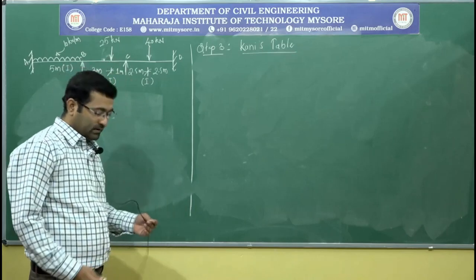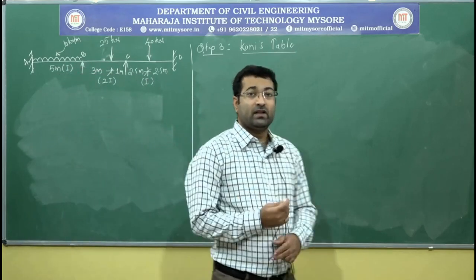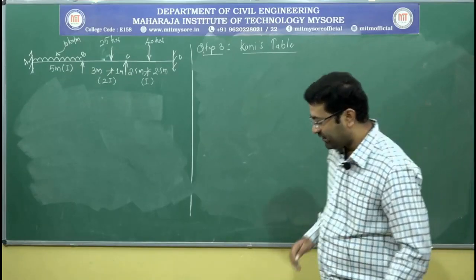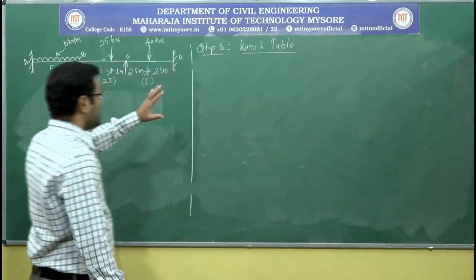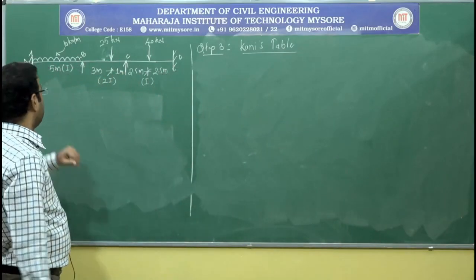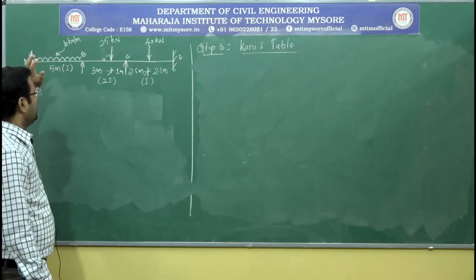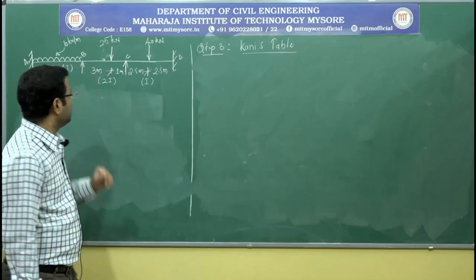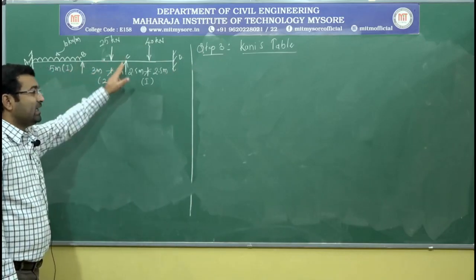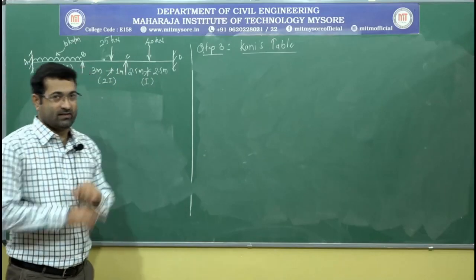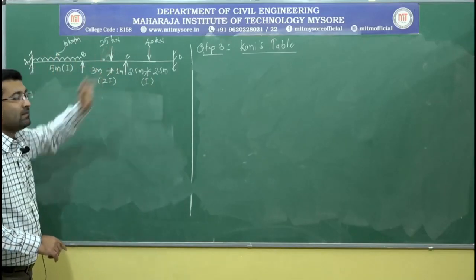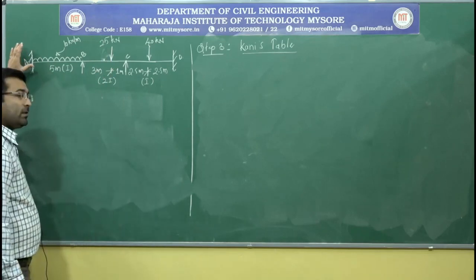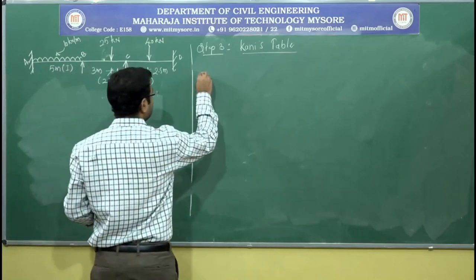In Kani's table, the representation of the table is a little bit different. It is not just a table, it is something different. Let us see how Kani has represented it. Kani has shown the given structure or frame as it is, just replacing all the intermediate joints by boxes, and he has not shown any of the given loadings. See here.